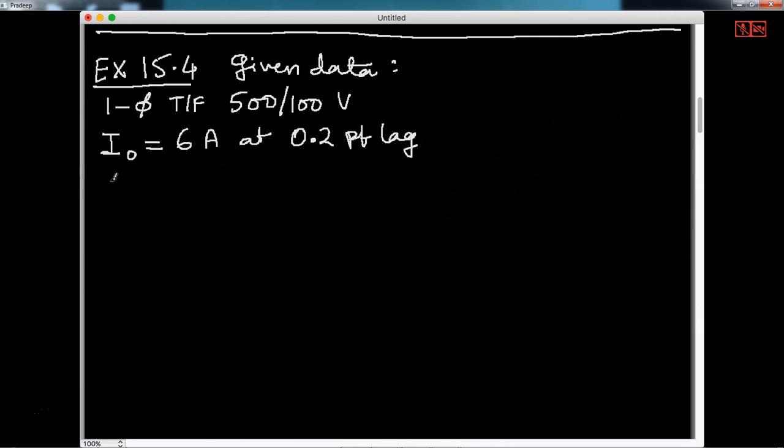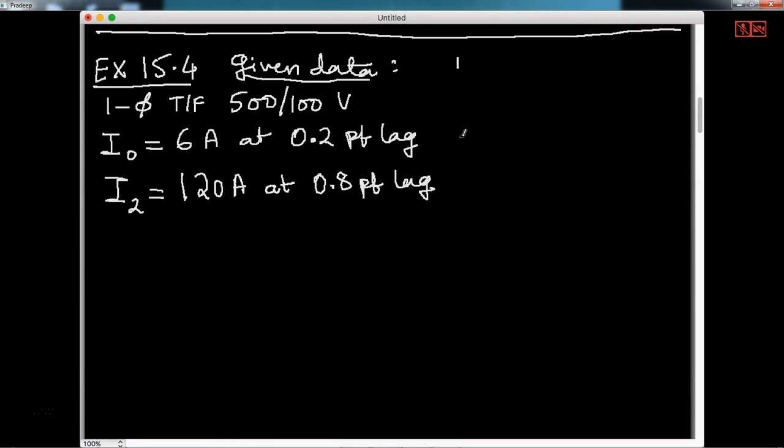The secondary current I2, because it is a transformer on load, there is a secondary current I2, and that secondary current given is 120 amperes at 0.8 power factor lag.